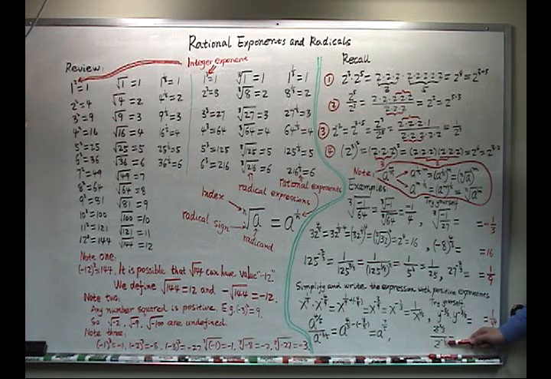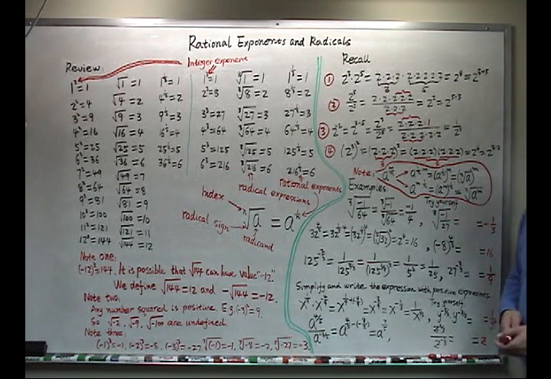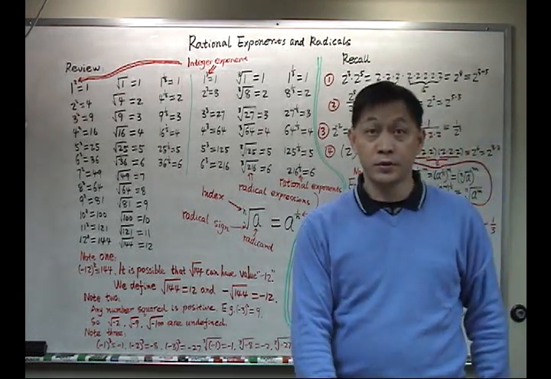Negative comes to be positive, so it's 2/3 plus 1/3. That's 1 plus 2 as the numerator, equals 3. Downstairs it has 3. So basically the final answer is z to the first. It's just z. Okay? Alright. So please review this lecture. I will see you next time.